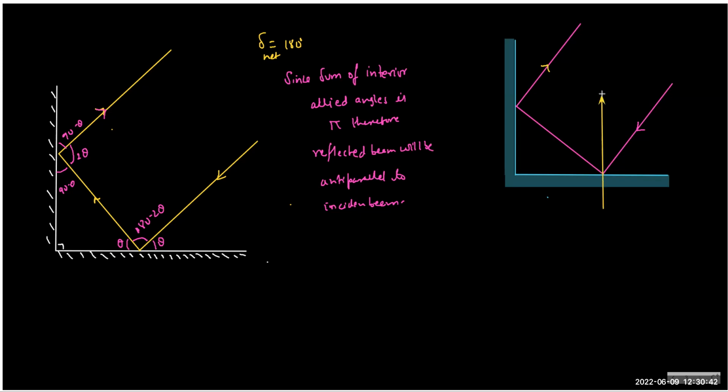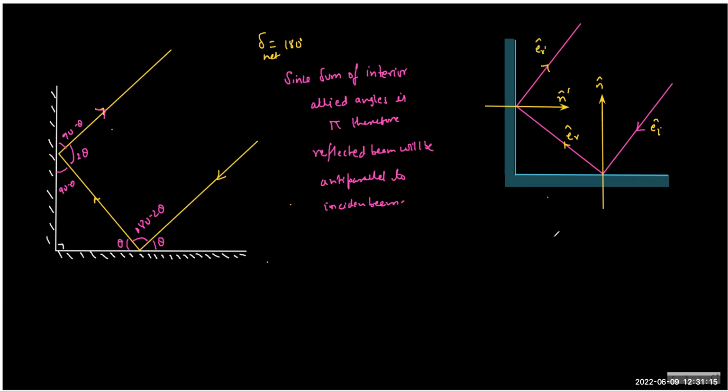So if I call this some n vector, and if I call this ei, then this will be, we can call it er. But er becomes ei for the next reflection. So we can call this n dash, and the n dash and n are mutually perpendicular, right? So this we can say er dash.